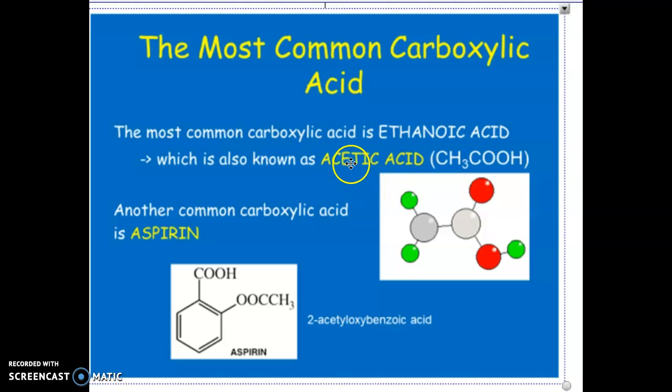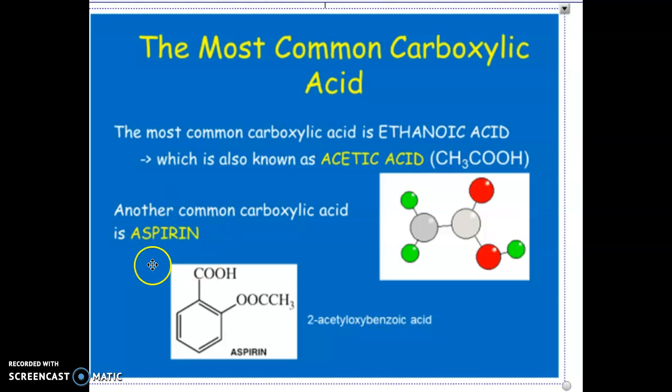So you're going to see this come up time and time again, this prefix of acete. Acetyl or acete is sometimes used in place of eth. So acetic acid is like a common name for ethanoic acid. So the proper IUPAC name would be ethanoic because it would be 2 carbons with the carboxyl group. However, acetic acid is very commonly used.